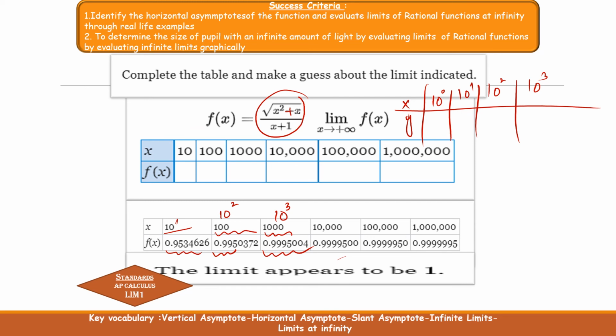The stability says that the function is equal to 1 when x is approaching positive infinity. I hope you understood. The main thing is to understand how to write the table, and once you know that, just write the x values and get your y values.